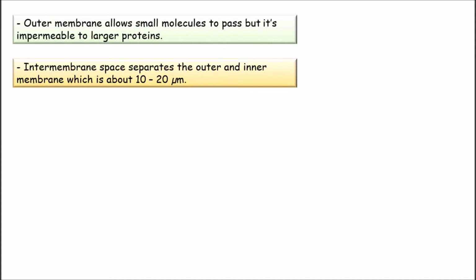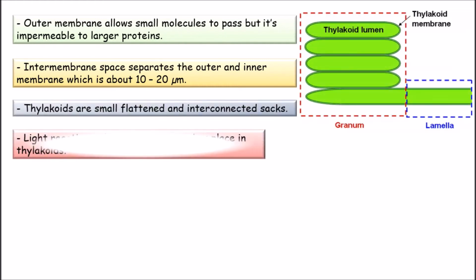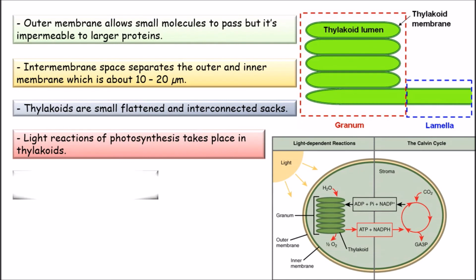The outer and inner membranes are smooth and are separated by a narrow intermembrane space which is about 10 to 20 nanometers thick. The inner membrane regulates the entry and exit of materials. Thylakoids are small flattened and interconnected sacs.